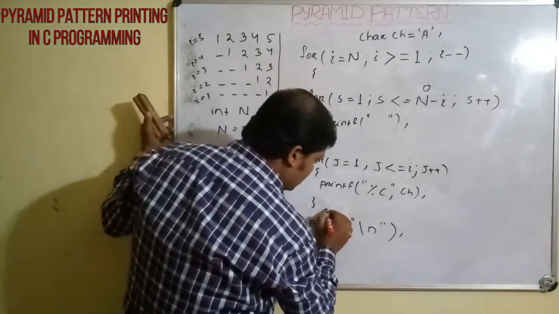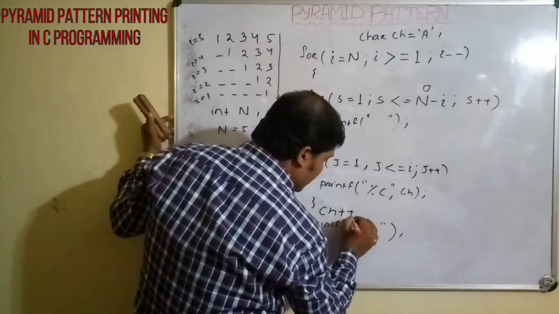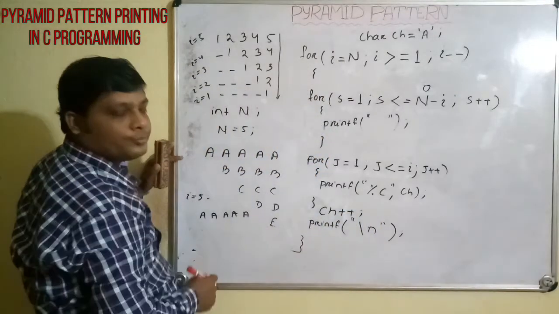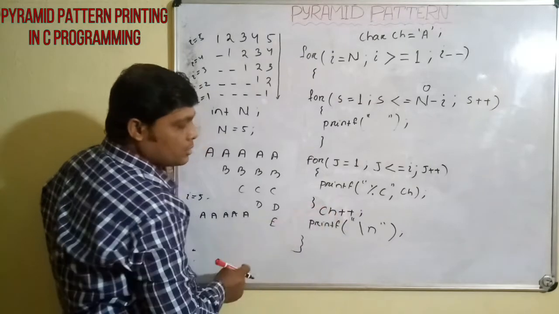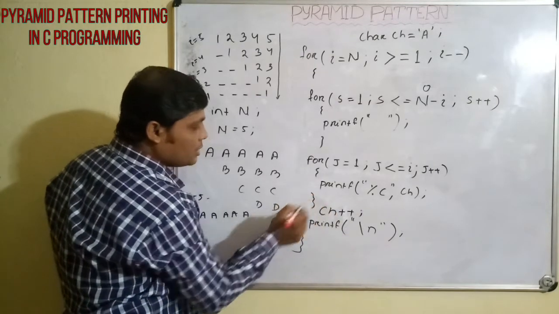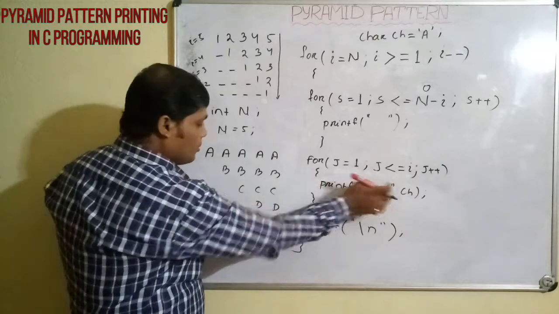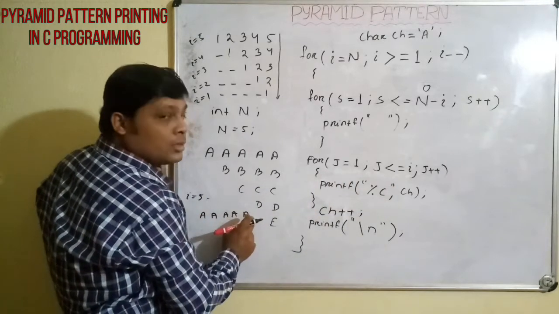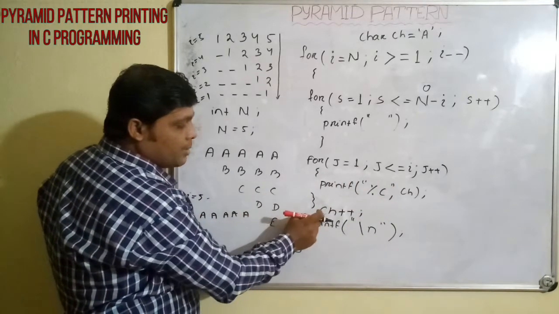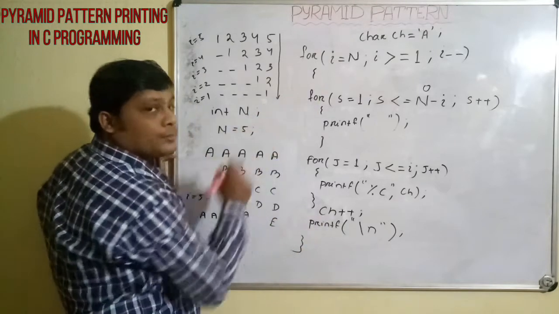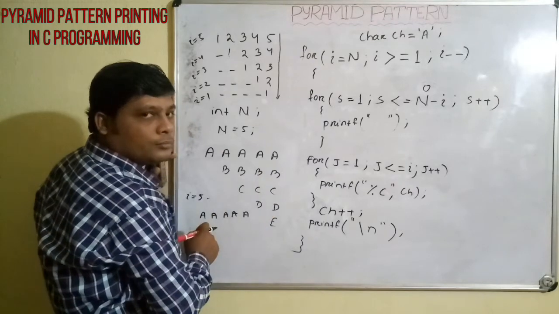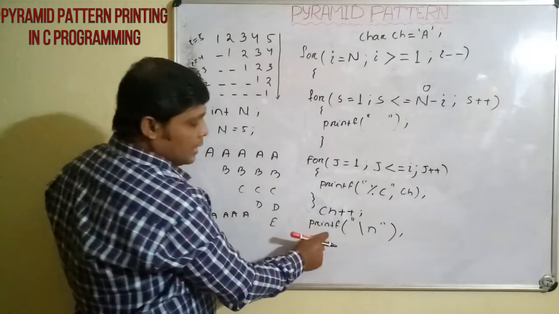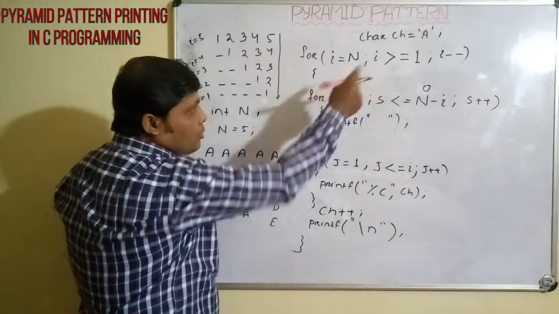So I have to write ch plus plus inside the i loop, before the end of the i loop, but outside the j loop, because inside the j loop there are no changes in the ch value. Ch value changes when i value changes. For the next line, ch value is modified. Clear?